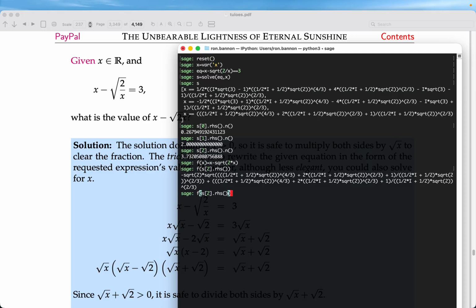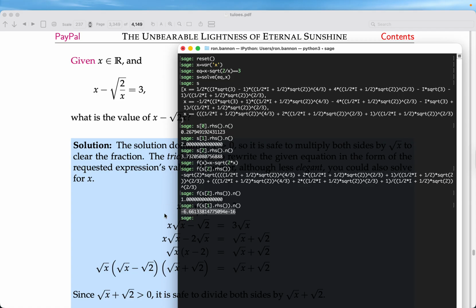I want to maybe put an approximation there and see what happens. I get 1. Let me do f of the second solution, so counting from 0, 1. That gives me 0. And when I say 0, I'm looking at this number over here, that appears to be 0.